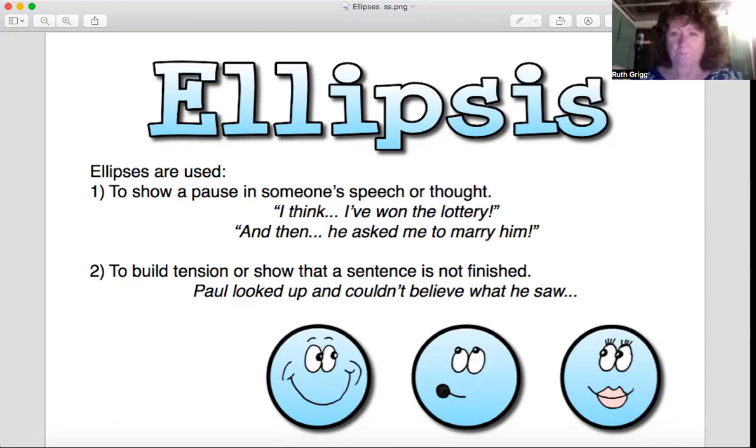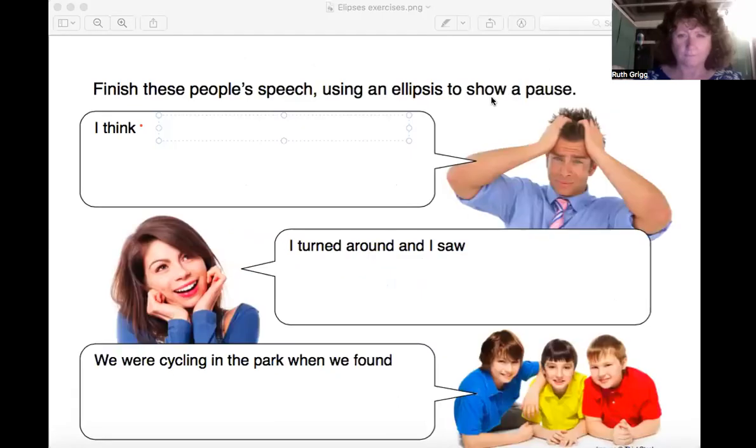So let's have a go at doing this ourselves. So we're going to finish this sentence, or all three of these sentences, and we're going to put our pause in with our three dots. So let me think. Can you think of a sentence? I'm going to think of one.